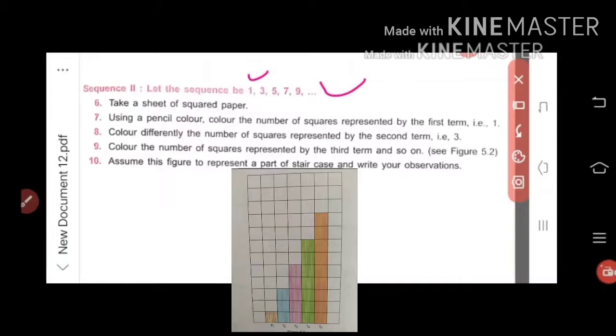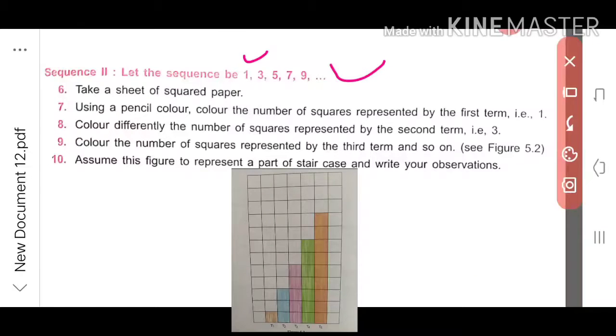We will take a second sequence, that is 1, 3, 5, 7 and 9. Take a sheet of square paper and, using a colored pencil, color the number of squares represented by the first term, that is 1, and then using the pencil color differently the number of squares represented by the second term, that is 3, and then color the number of squares represented by the third term, and so on.